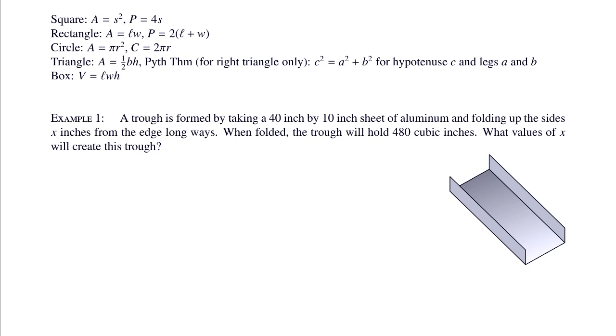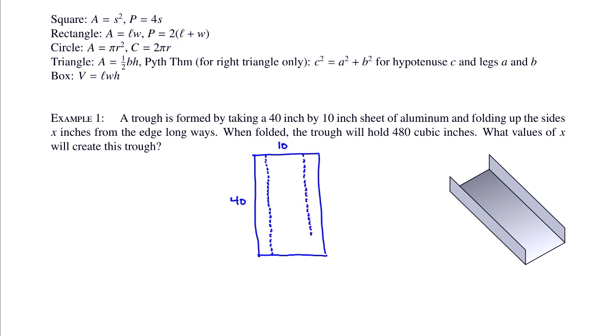Let me show you what the trough starts off looking like. It's just a sheet of aluminum, so it's just a rectangle, and it's 40 by 10. Then we're going to make a fold on both sides. And they're the same.